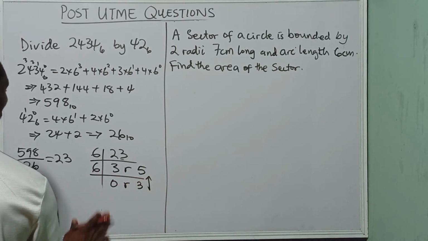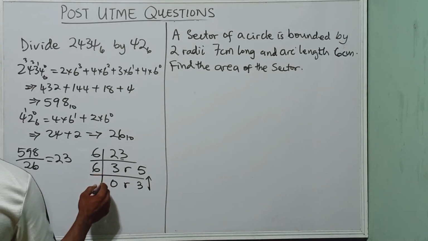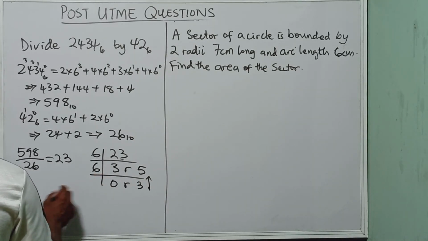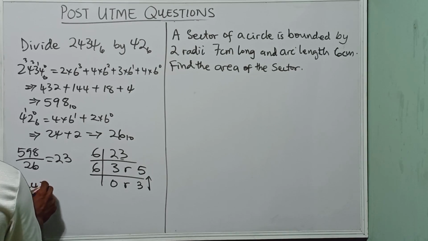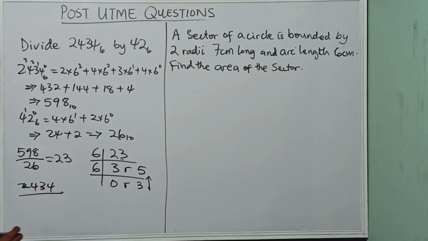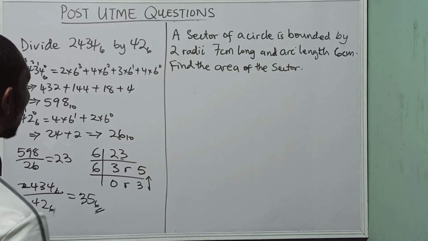So reading upwards, we have our answer: 2434 divided by 42, all in base 6, would give us 35 base 6. So with this, we've solved this out.